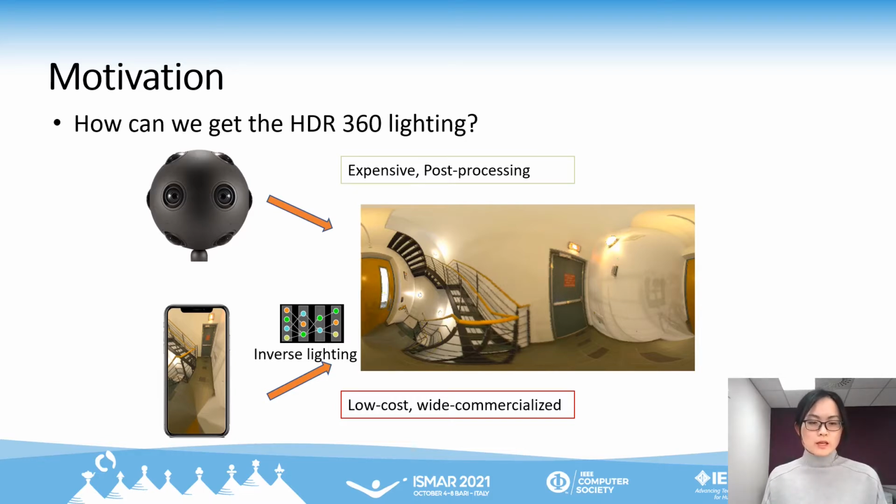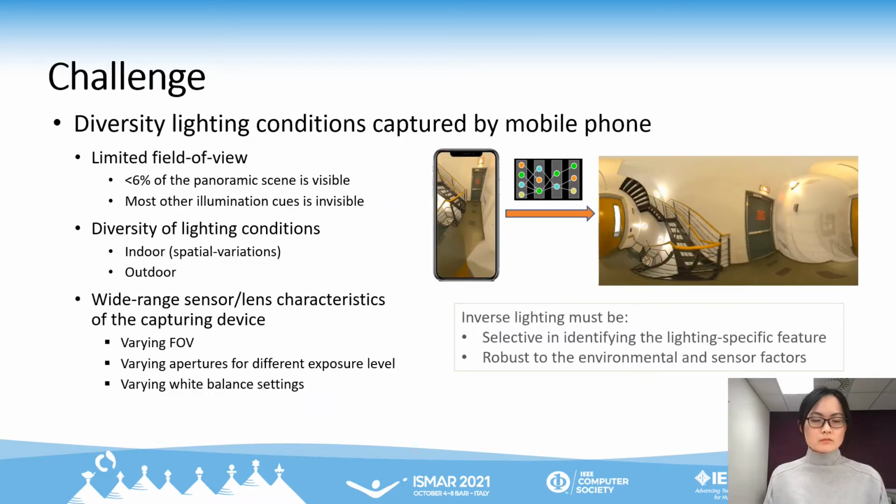It's a low-cost way and will be more friendly for commercialized applications. With the rapid development of machine learning methods, this task is becoming more and more competitive. In this paper, we will focus on machine learning-based inverse lighting.